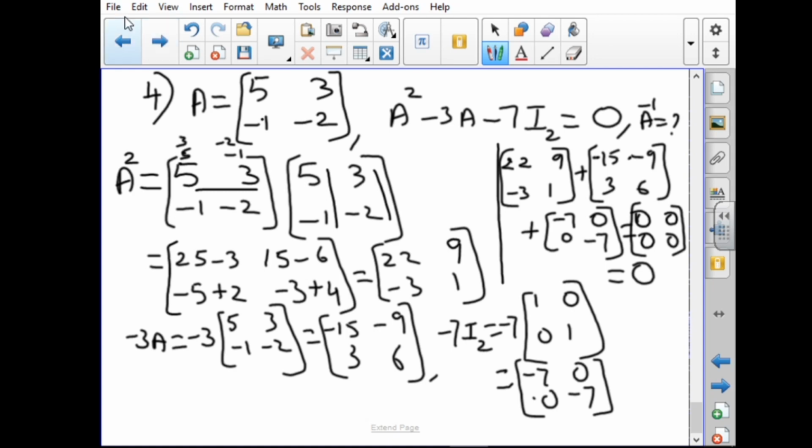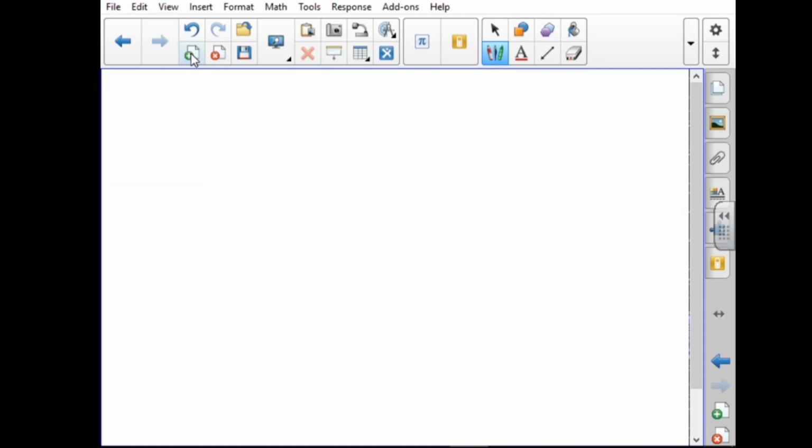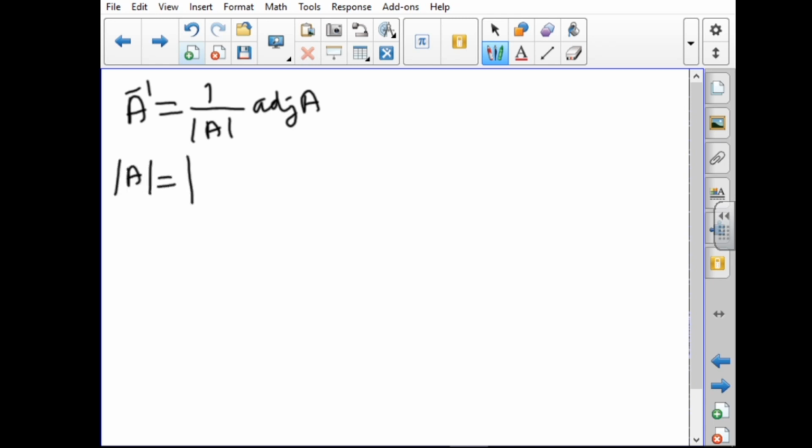Now we have to find A inverse. So A inverse by formula is 1 by determinant of A into adj A. So we have to find determinant of A first. So determinant of A is 5, 3, minus 1, minus 2.